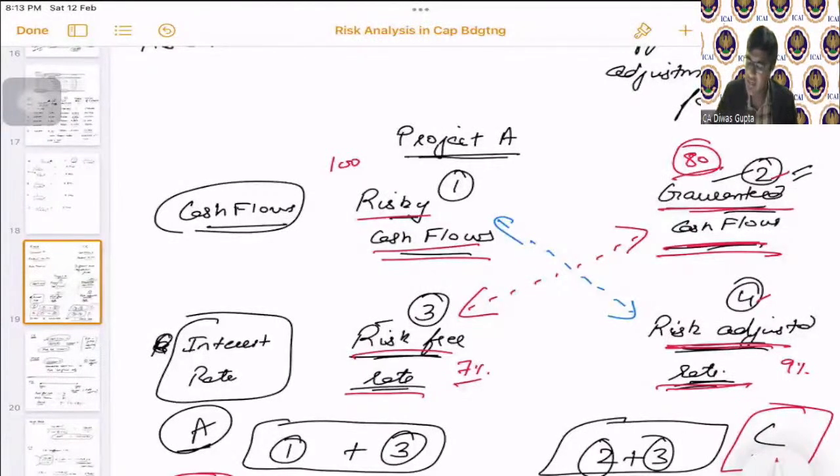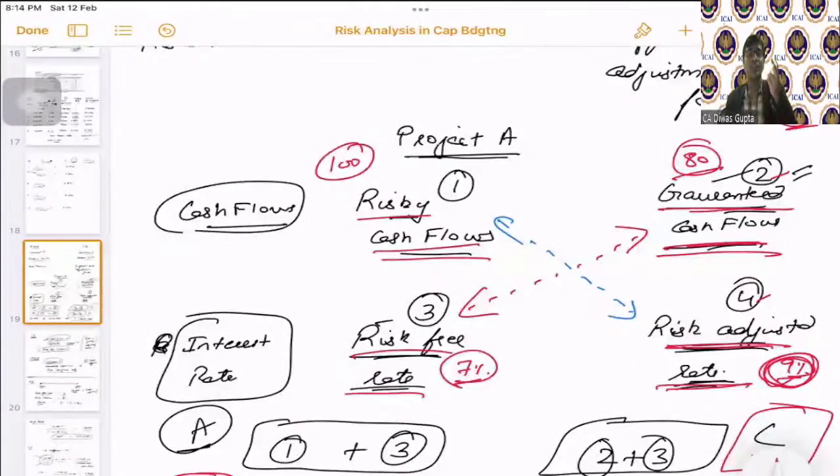What if you take 80 and 9%? The NPV will be reduced twice. How? One is that 100 minus 80, already 20 gets reduced in the NPV. But if you're discounting through a higher rate of 9%, again the NPV will be further reduced by this 2% higher rate. I hope you're getting my point.